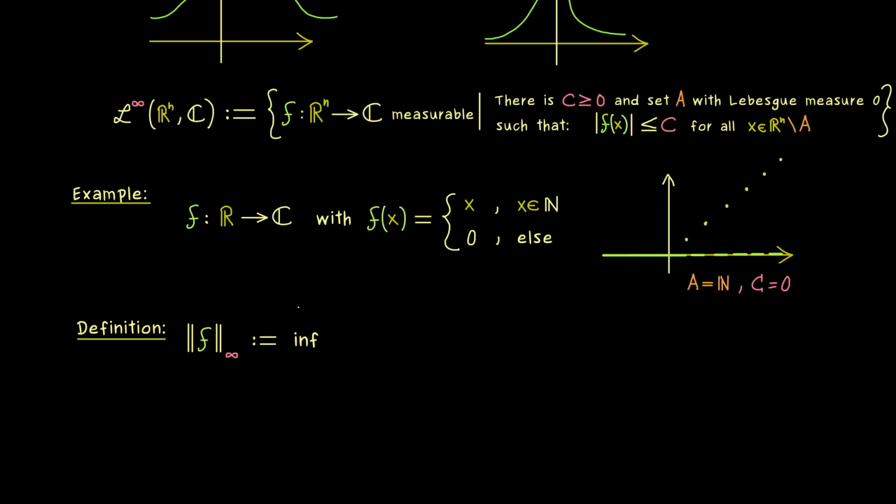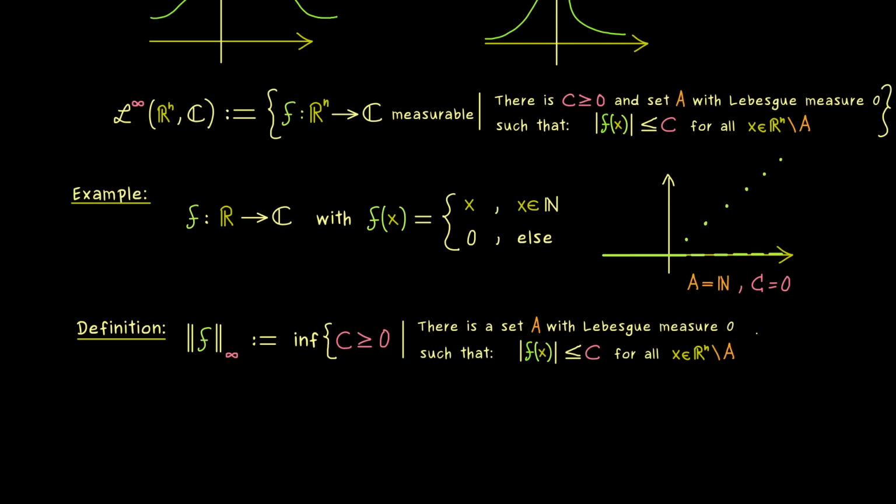But before we go to the equivalence classes, as always, let's first define this infimum here. So we just consider the non-negative bounds we have called c before. Which means that the condition is exactly the same. We have to find a set with Lebesgue measure 0 such that this inequality is satisfied. So you see, this set A can definitely depend on the chosen constant c.